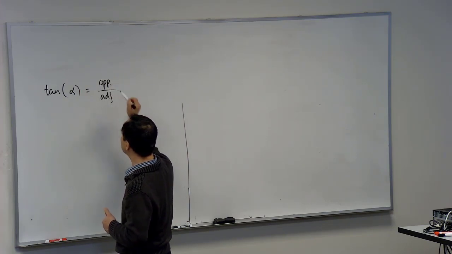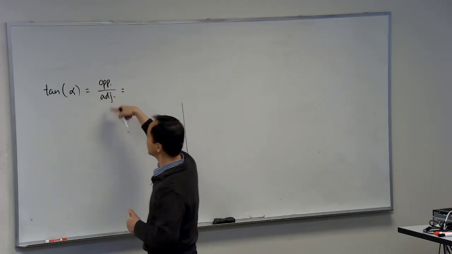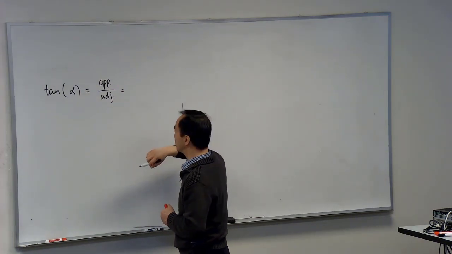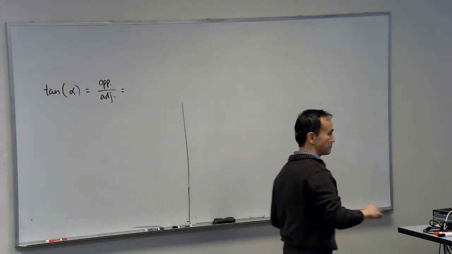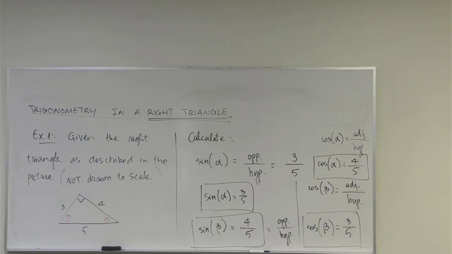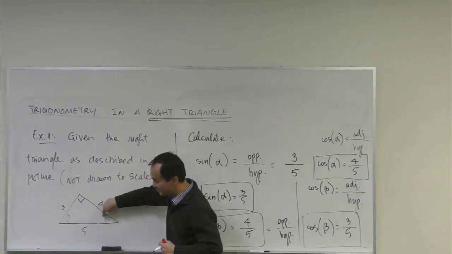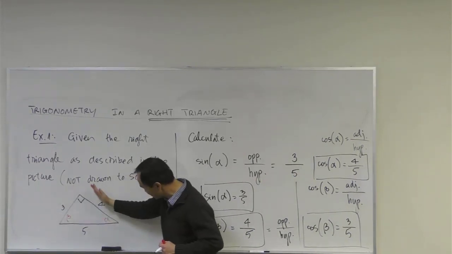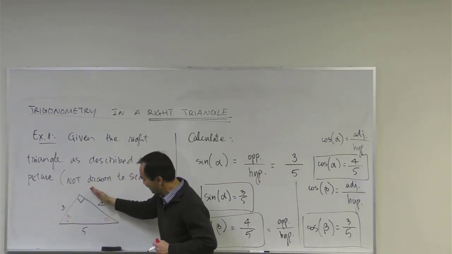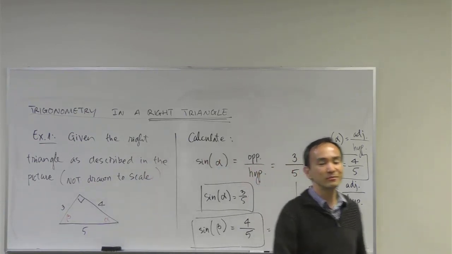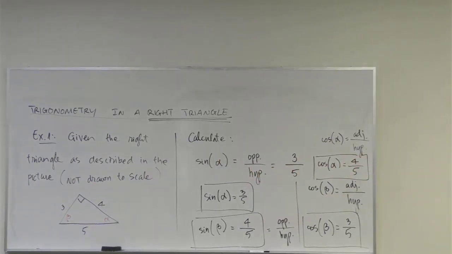And the opposite in our picture here is going to be... let's swing back and understand the picture a little more. I'm looking at alpha. Alpha is right here, so that side is the opposite. Adjacent now is 4. So we just need to sometimes get used to looking at the picture.